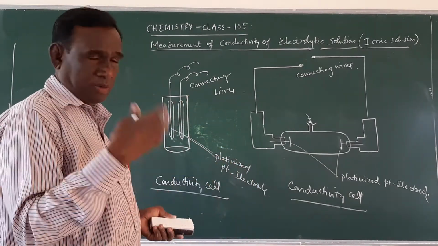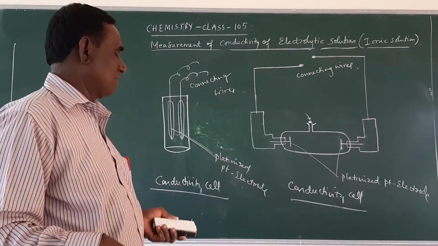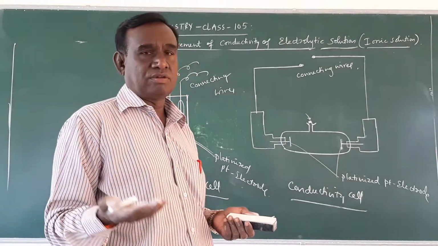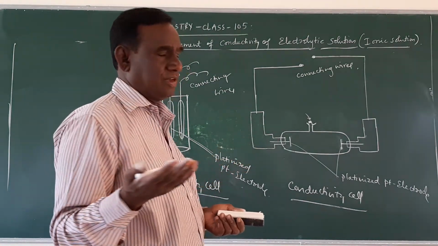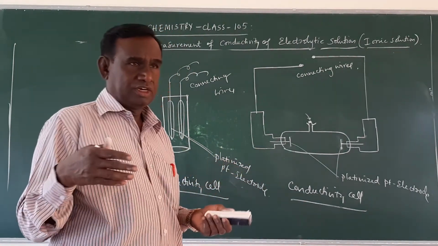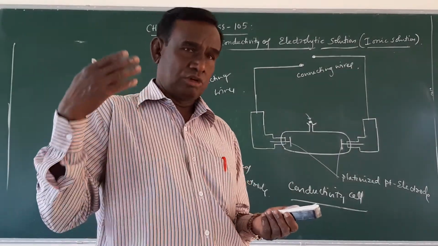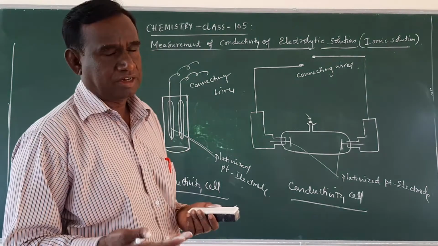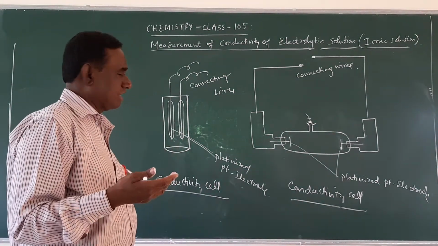Otherwise, two problems arise. To solve those problems, AC current is to be used instead of DC current. Another problem is that it is not possible to connect the solution by using a metallic wire or solid conductor, for which we use the conductivity cell.